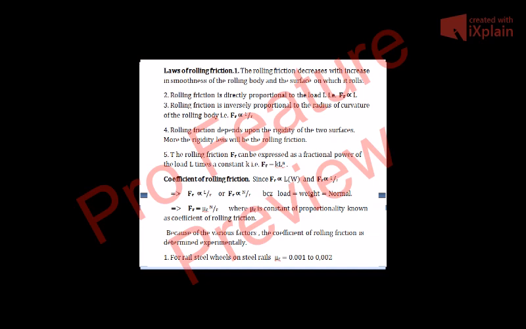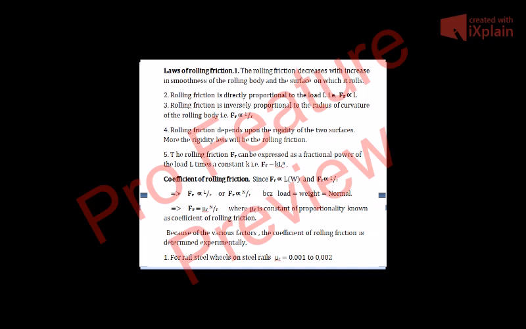Smoother the surfaces in contact, smaller will be the rolling friction. The second law is rolling friction is directly proportional to the load L, or what we call weight.